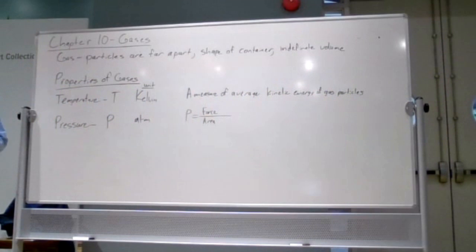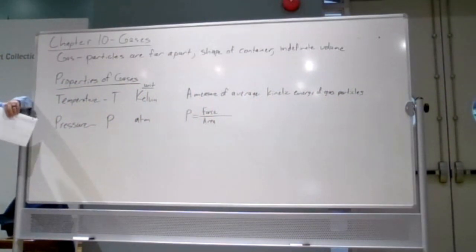Okay, give me another property, something else. What's going to influence the behavior of a gas? Well, what did we say about its shape? Depends on the container, right? So how do you measure the amount of a container, I guess?